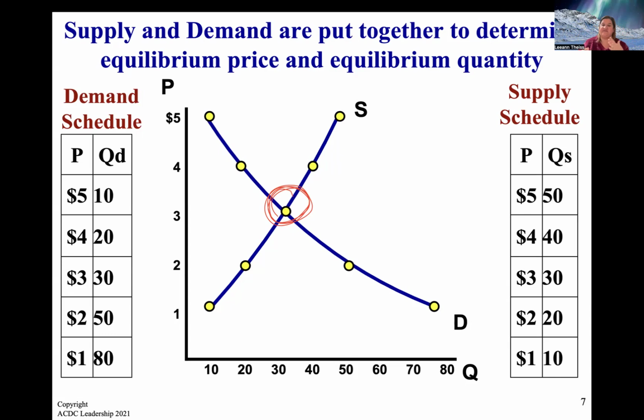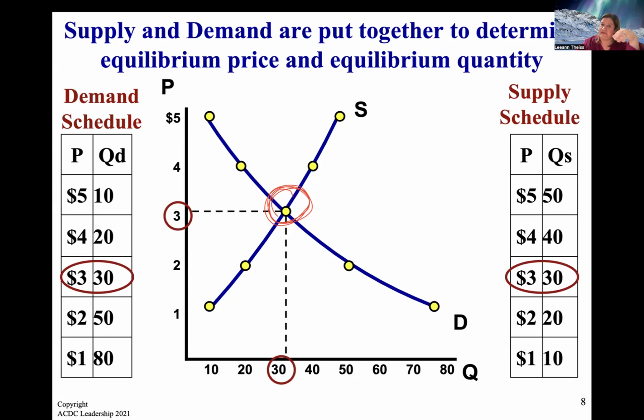We don't really have to differentiate between quantity supplied and quantity demanded, but we are looking at the point at which they intersect. Here it is at $3, with a quantity of 30 being supplied and a quantity of 30 being demanded. That's our equilibrium. We always have to start looking at these scenarios from an equilibrium point.